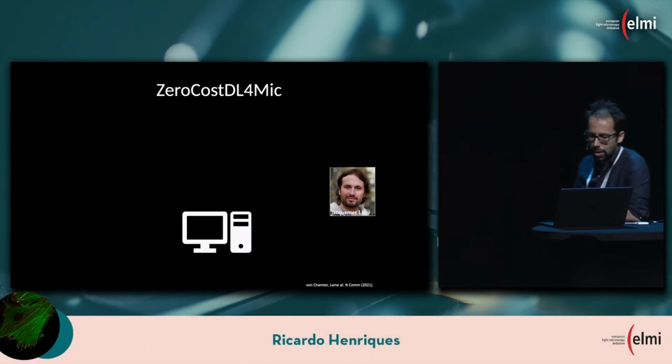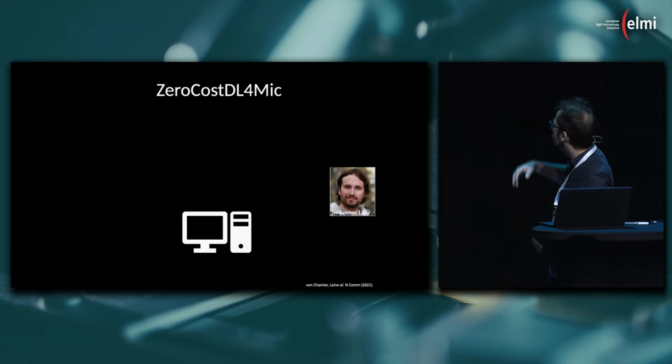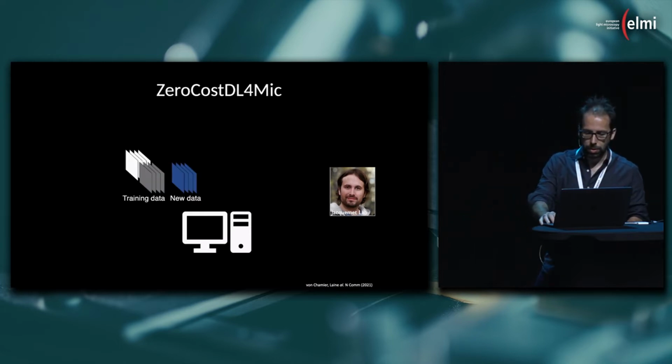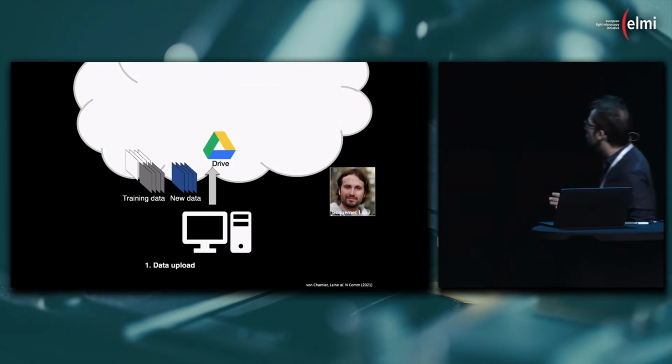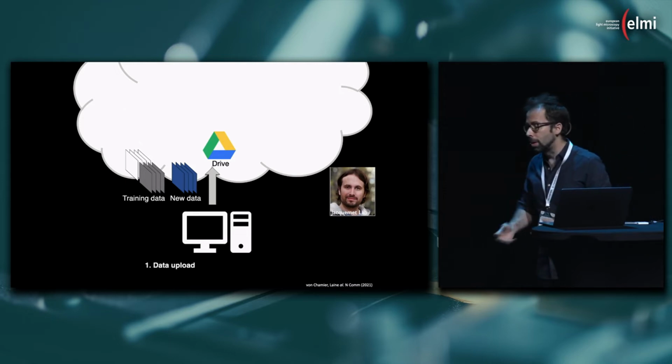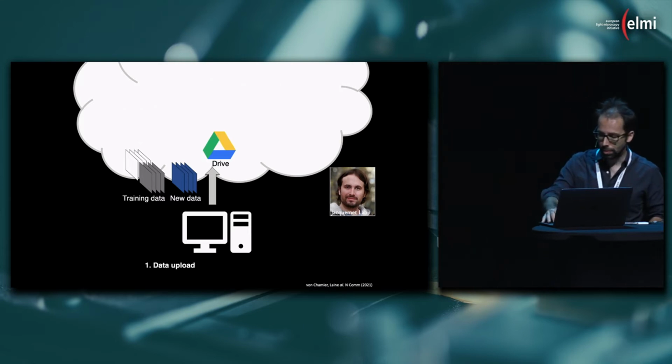So what is it? The only thing that you need to use it is actually a browser. Everything is done on the cloud. Well, you need a browser and you need some data, right? And with the browser and the data, you're able to push this to Google Drive. One of the benefits of Google Drive is you can actually have a free account, so no cost so far.